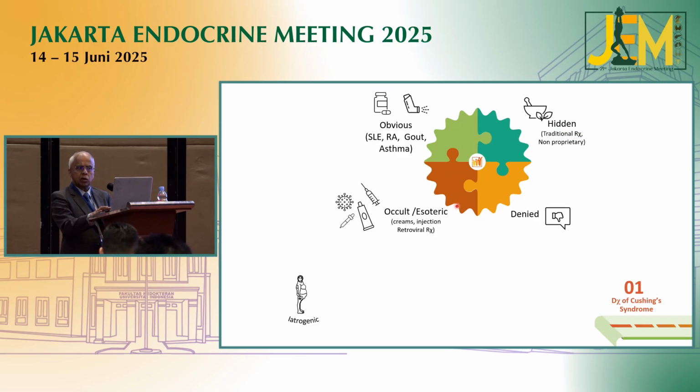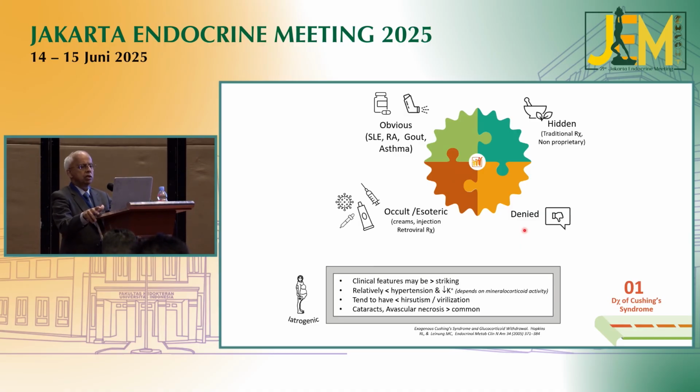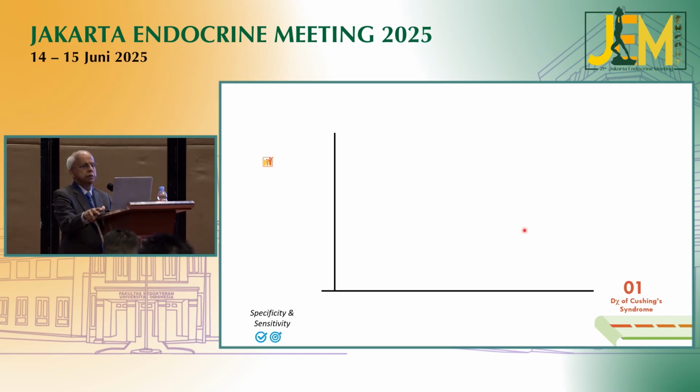Sometimes we may think it's not important, but in susceptible individuals, creams, eye drops, intra-articular injections. Occasionally, patients deny they're taking steroids. So the clinical features of exogenous steroids are usually more striking. They have less hypertension. They tend to have less hirsutism and virilization. Cataracts, avascular necrosis is commoner.